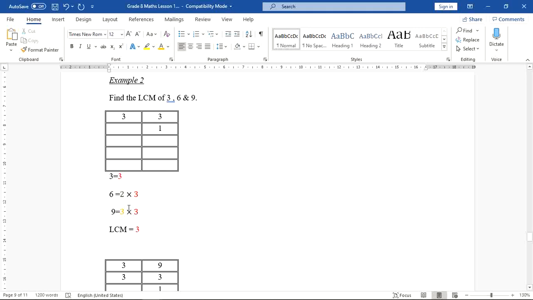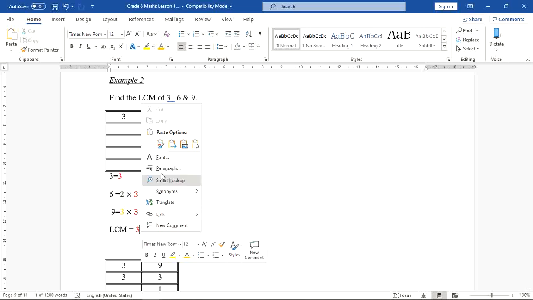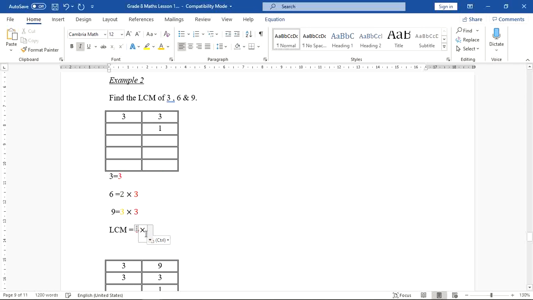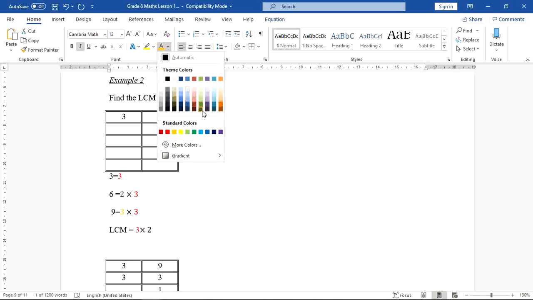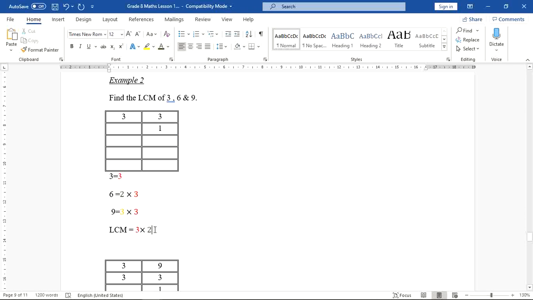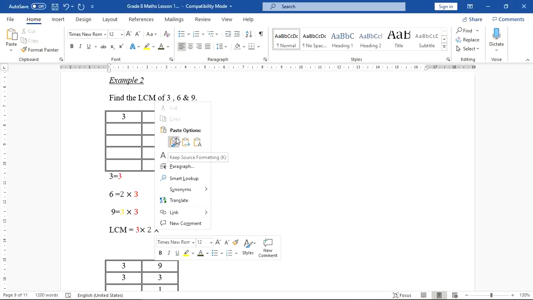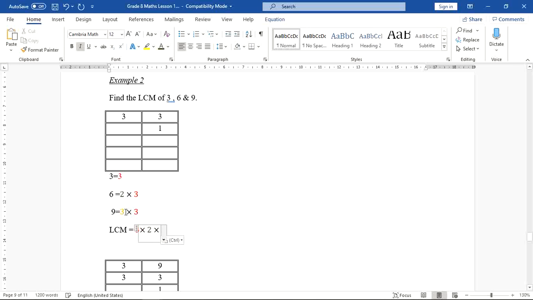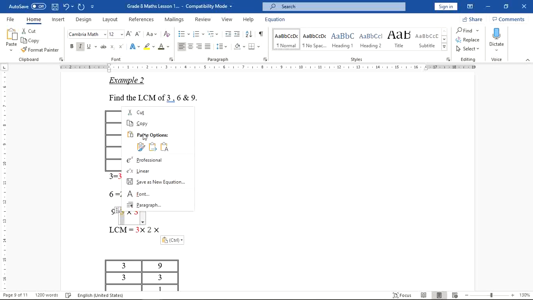Those remaining ones, we're not going to leave them behind. We must also bring them down. So leftovers, we should also bring them: I'll put a 2 there, the 2 of this color, and then times the remaining one, which is this 3.